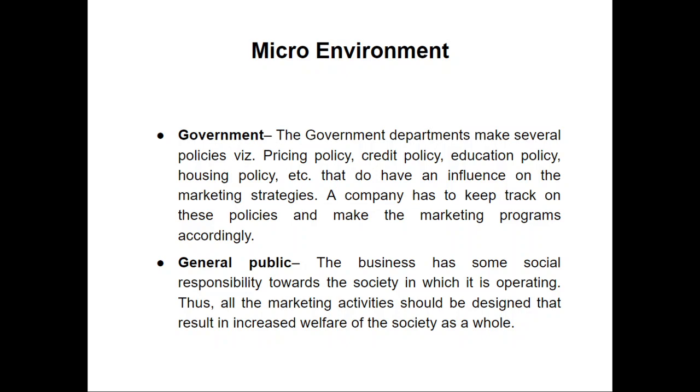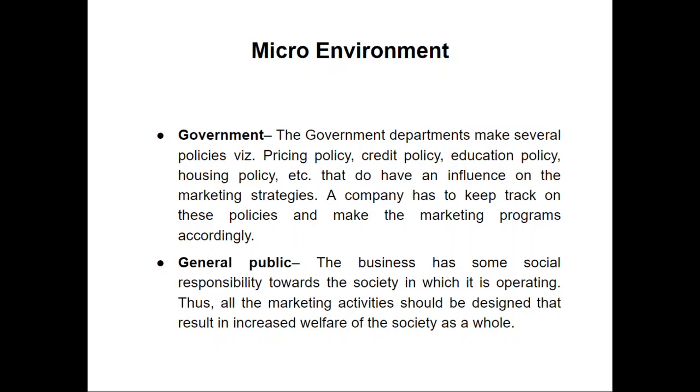And the next element in microenvironment is the general public, the public who is residing in that particular boundary or in that business area. The business has some social responsibility towards the society in which it is operating. Thus, all the marketing activities should be designed so that they result in increased welfare of society as a whole.